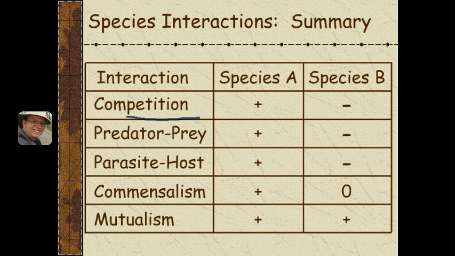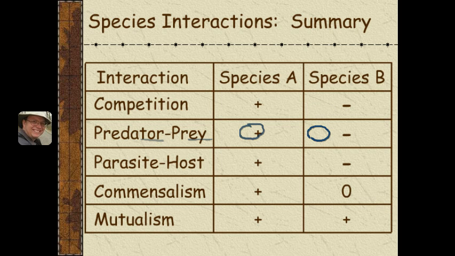The result of that, though, is that one is going to get to stay, and the other one's going to go. If two species begin to interact and one species becomes resources for another, then we have a predator-prey interaction. And once again, one species, usually the predator, is going to benefit, and the other species, the prey, not so much.